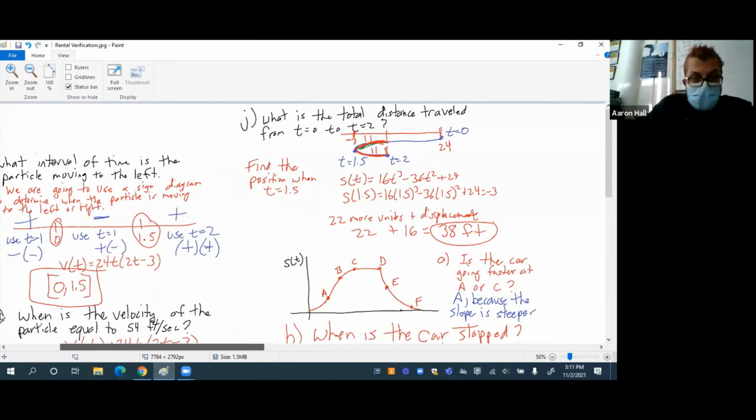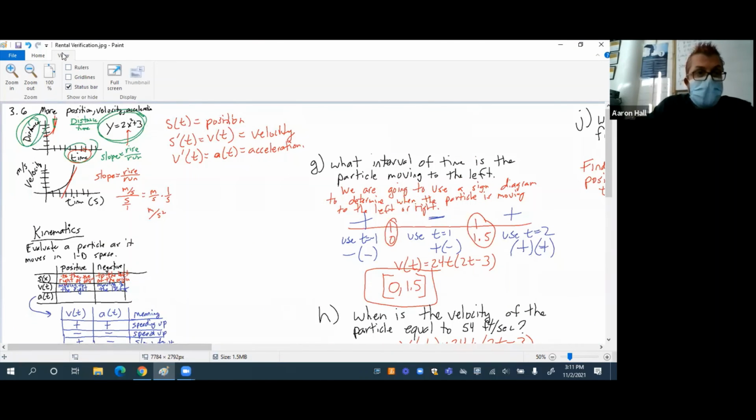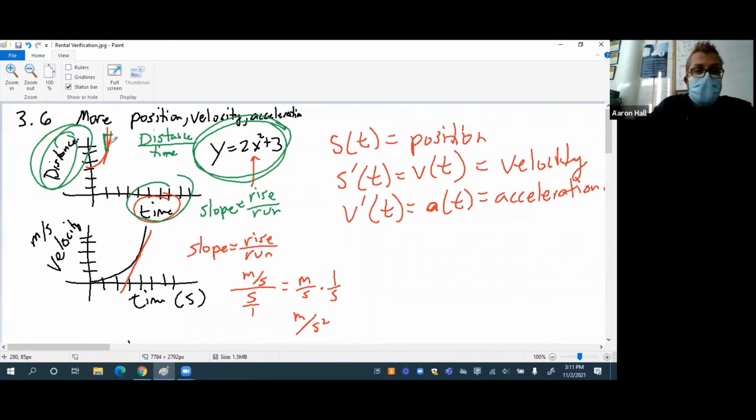Let's go all the way back to the beginning. This is a super important idea. I hope that we feel comfortable with that. The slope of the distance versus time is what? It's velocity. If you have velocity versus time, then the slope is what?